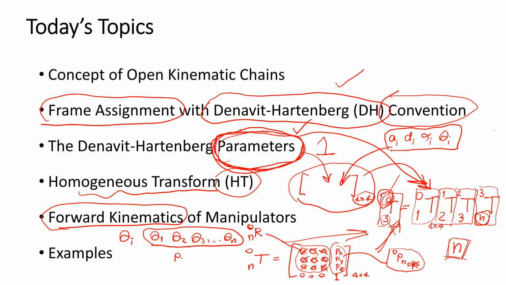What is the position in x direction, position in y direction, and position in z direction in the Cartesian coordinate that corresponds to the joint variable?